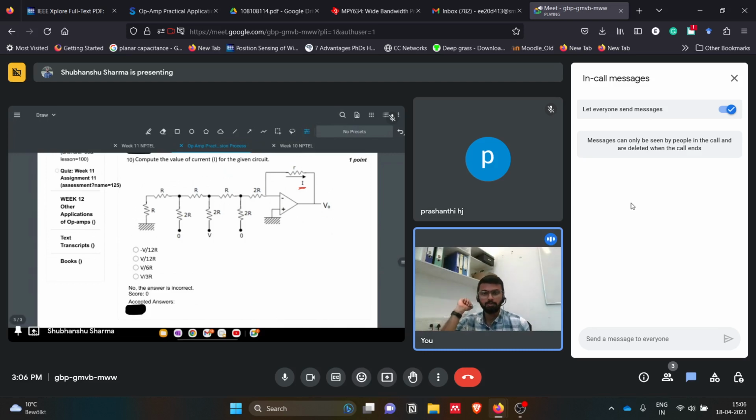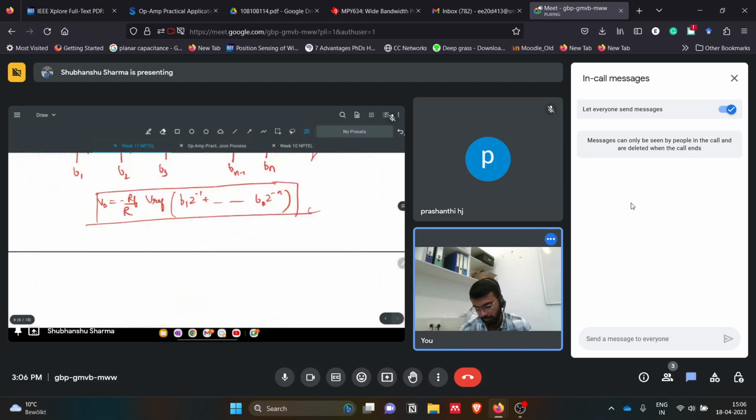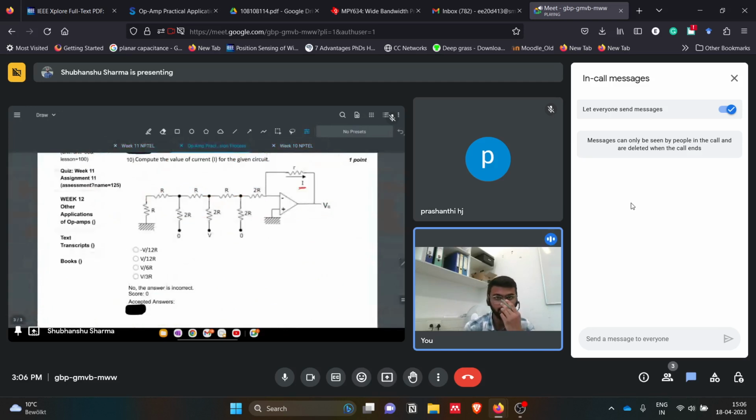For these kinds of questions, we can simply go with the Thevenin equivalent circuit, because if you try to apply the direct formulas, there will be difficulty in getting the solution, because those formulas are based on the standard configurations for DAC, but sometimes those configurations can change. So it's better to go with the Thevenin voltage concept.